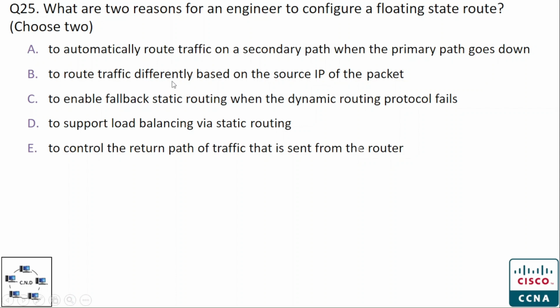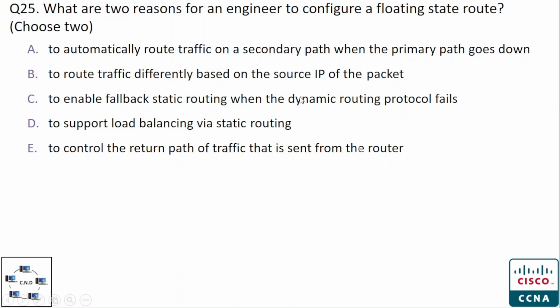Option B, to route traffic differently based on the source IP of the packet. Option C, to enable fallback static routing when dynamic routing protocol fails. Option D, to support load balancing via static routing. And option E, to control the return path of traffic that is sent from the router.